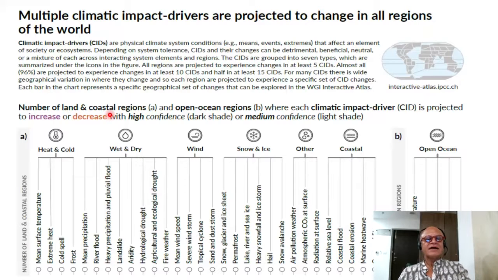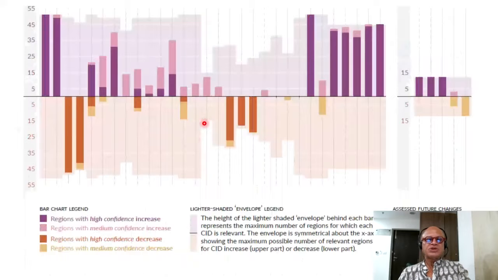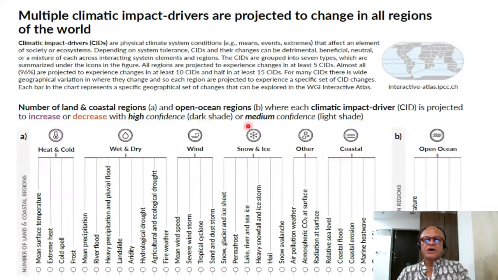Number of land and coastal regions here, open ocean regions here, with climatic driver impacts is projected to increase or decrease with high confidence with the dark shading or medium confidence when there is light shading. So number of land and coastal regions, so you have a scale here.